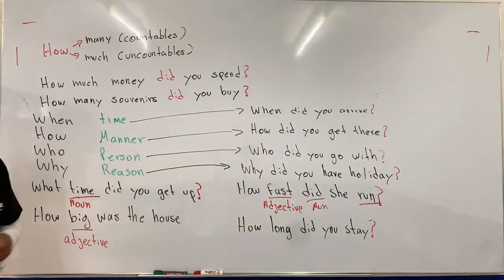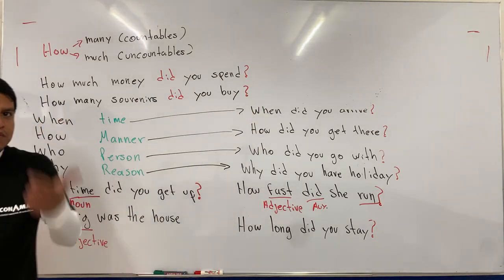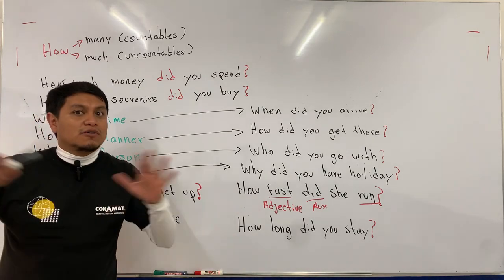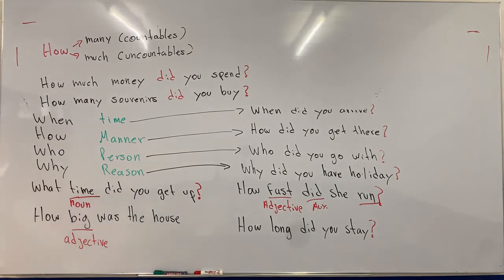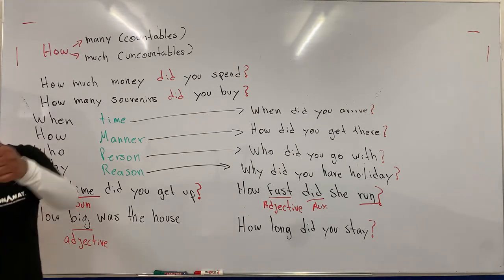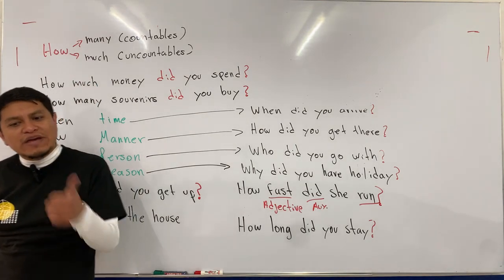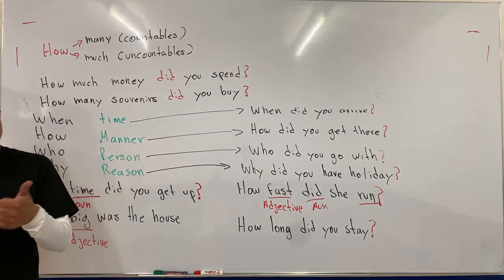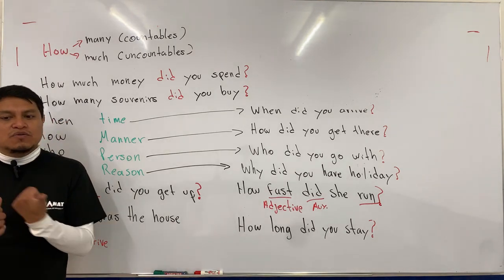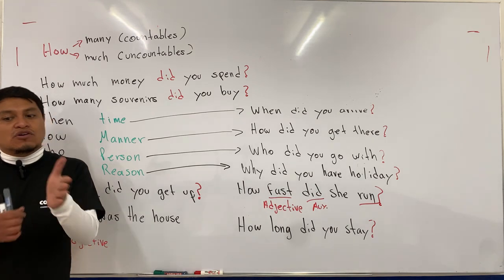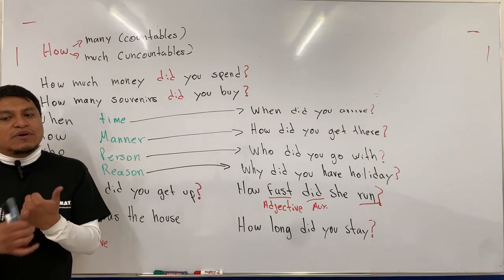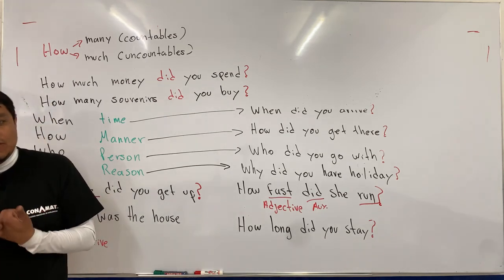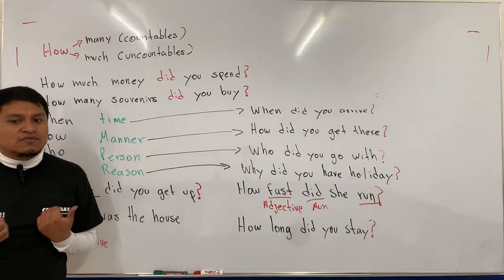I mean, one souvenir, two souvenirs, three souvenirs, several souvenirs, and so on, right? Remember, the WH questions ask for information and we do not expect a yes or no answer. A WH question, we expect an answer which gives information, right?